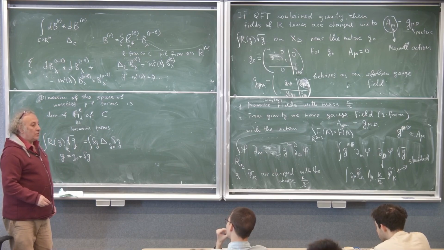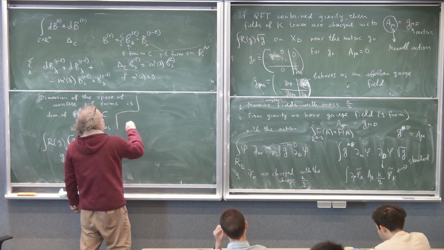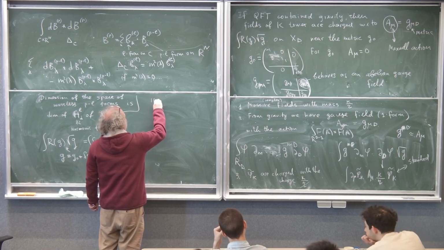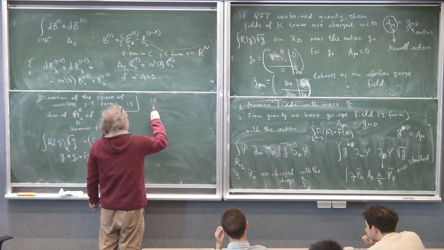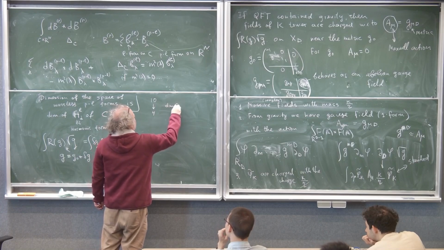Now, why were people so excited about it? Because they studied compactification from 10 to 4, so the dimension of C was 6.